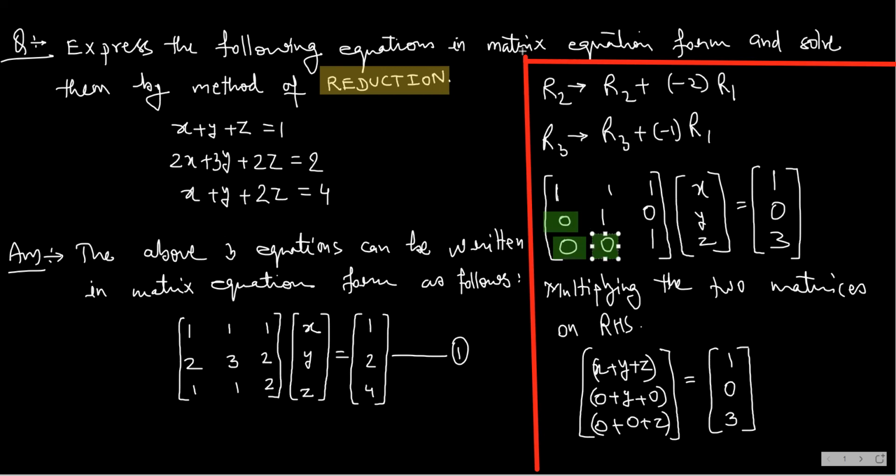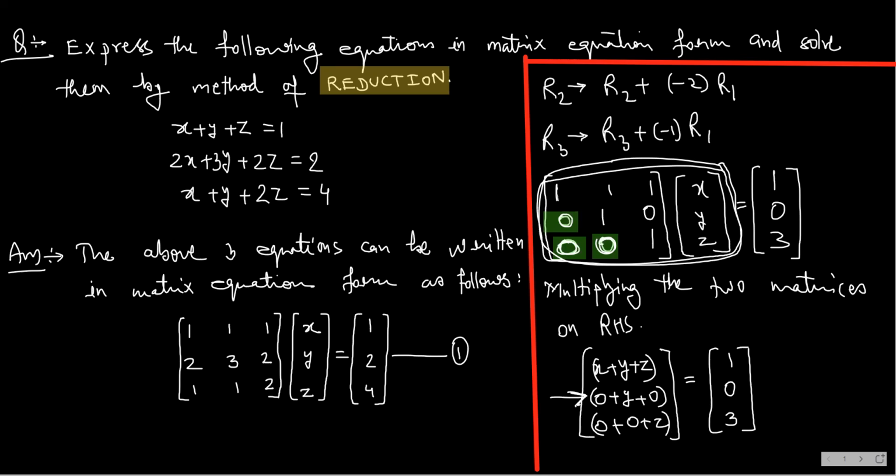And having obtained zeros at these positions, when you multiply these two matrices, try understanding, in the second row, 0 into x, x has got eliminated. Then in the next one, you have 0, 0. So you multiply 0 into x and 0 into y. So you get only z.